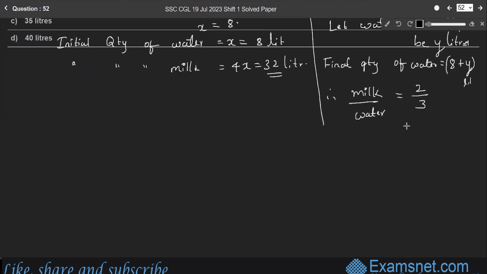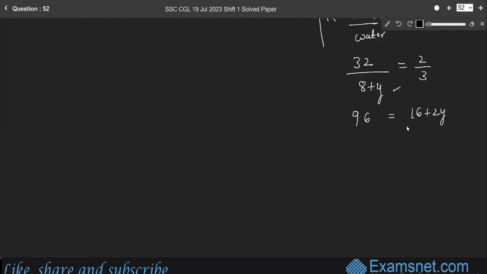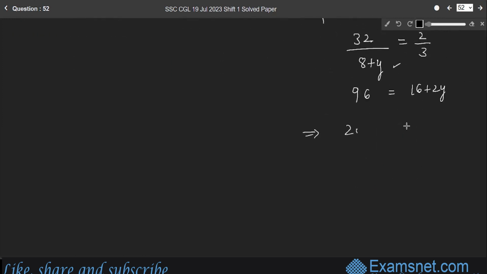So what is the final quantity of milk? Which is 32, the same. Whereas the final quantity of water is 8 plus y, so 32 over 8 plus y is equal to 2/3. So 32 into 3, 96. And 2 into 8 plus y is 16 plus 2y. So 2y is equal to 96 minus 16, which is 80.